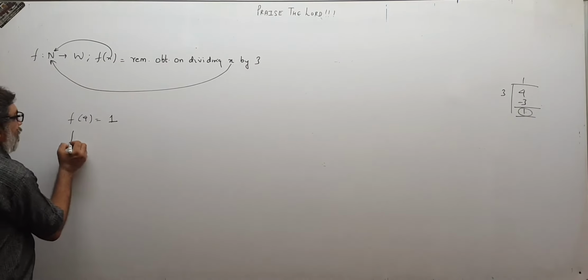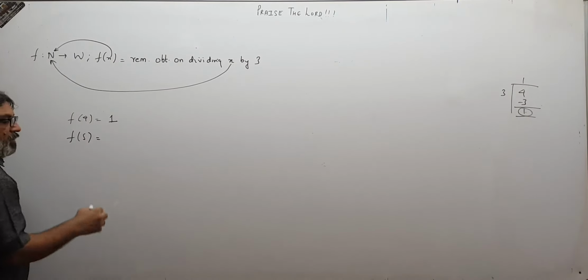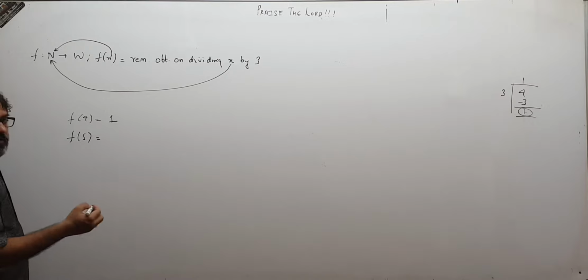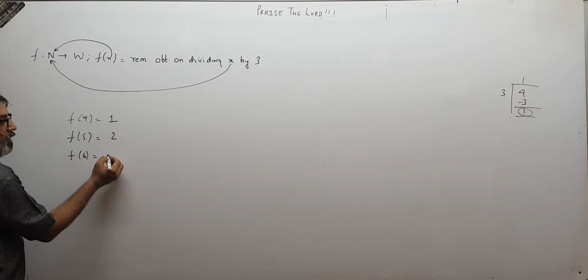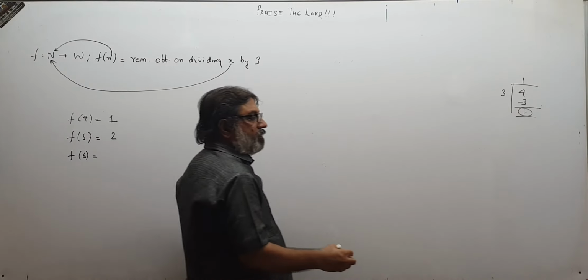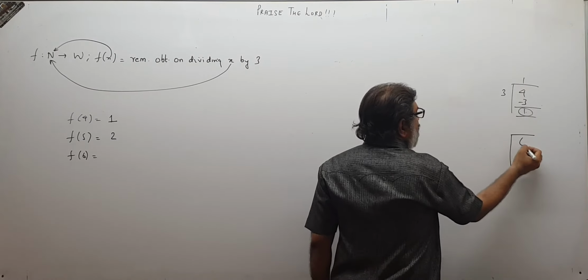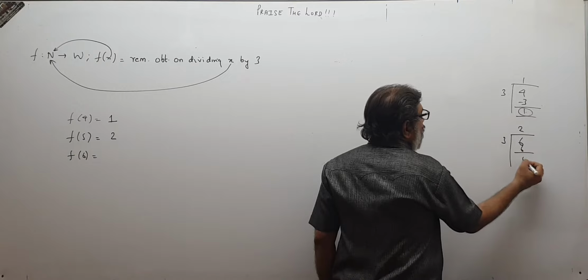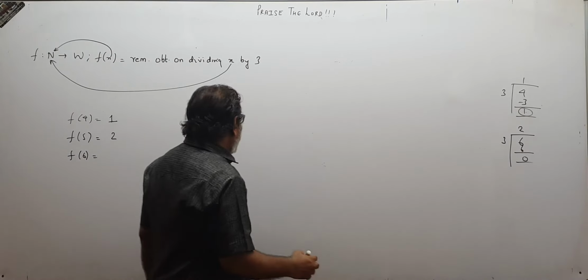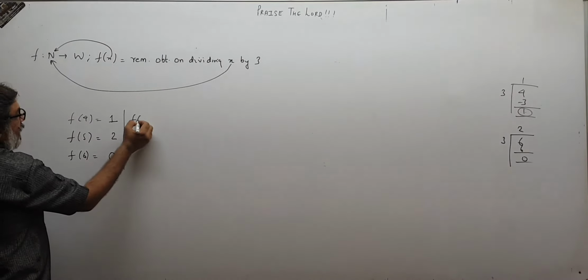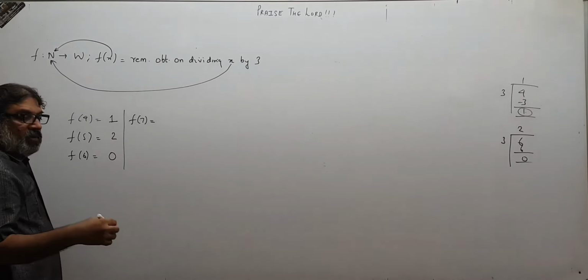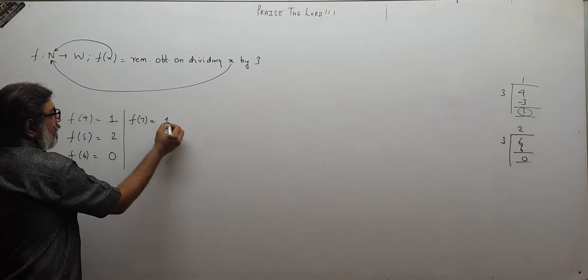What about f5? Divide 5 by 3. So 3 ones are 3, remainder will be 2. What about f6? Divide 6 by 3. 3 twos are 6. What is the remainder? 0. So f6 is 0. What about f7? 3 twos are 6, remainder will be 1.